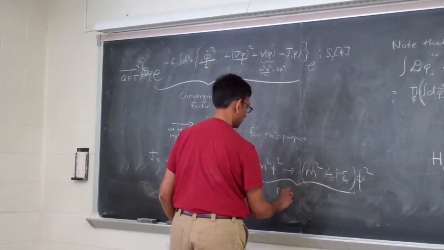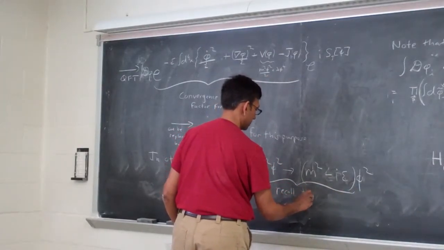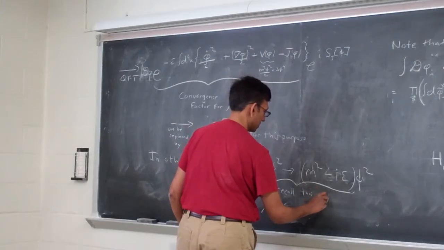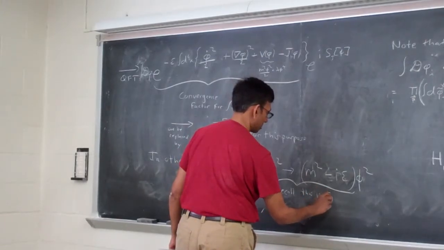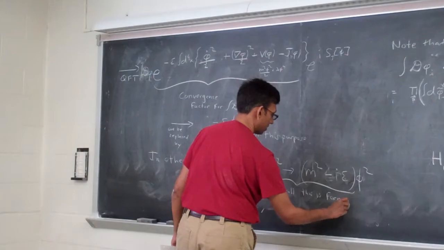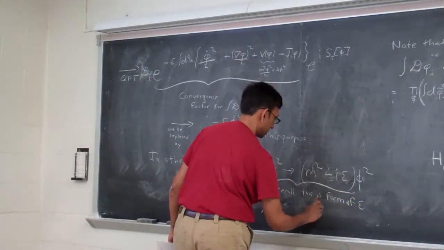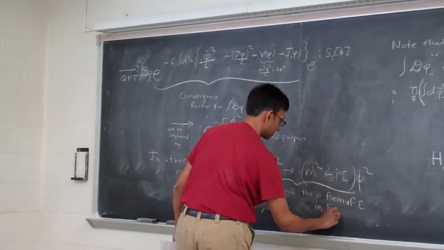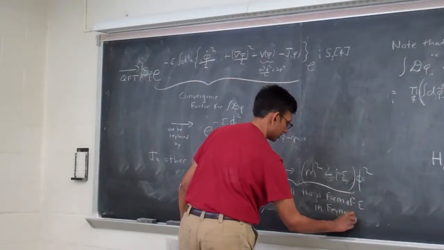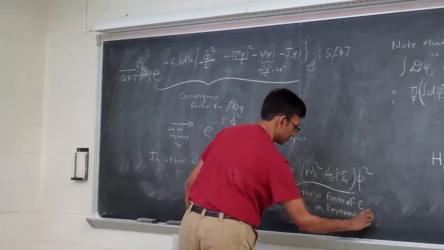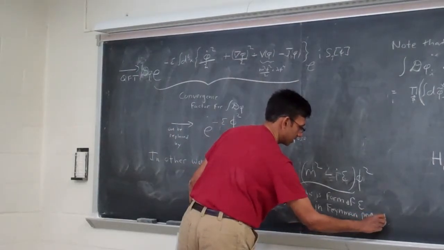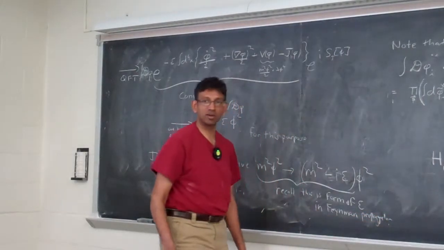And recall the form of epsilon in the Feynman propagator. In the Feynman propagator, there's also an epsilon somewhere.